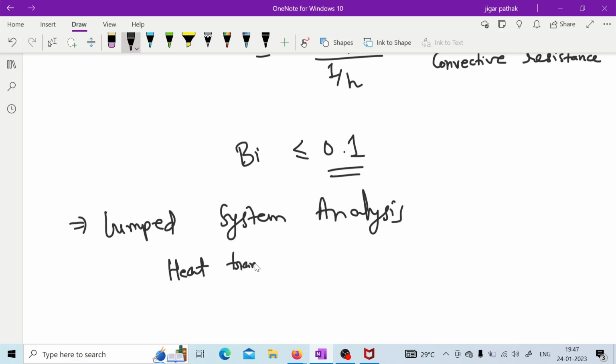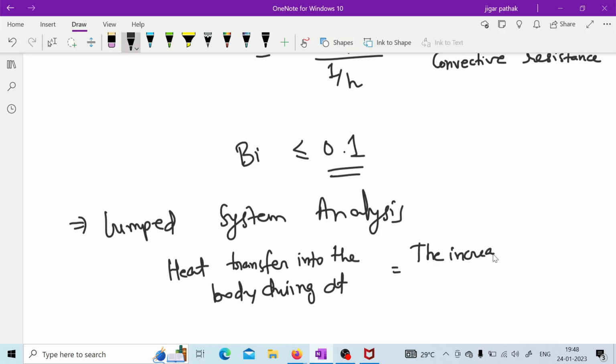So heat transfers into the body during the time dt, and due to that there is an increase in the energy of the body during the same time dt.